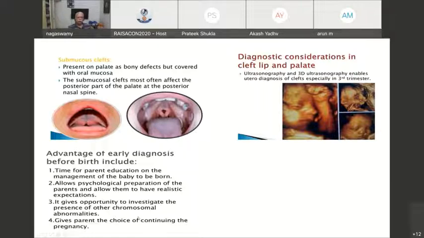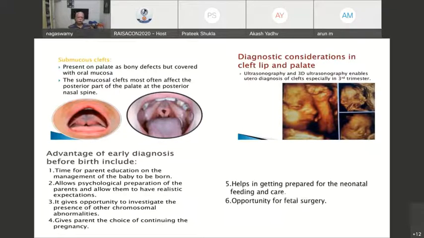This may sometimes be the cause for some of the marital problems. The husband and the other people may degrade the lady and give her a lot of mental tension. So all the decisions can be taken, and it also helps in getting prepared for the neonatal feeding and care and opportunity for a fetal surgery.